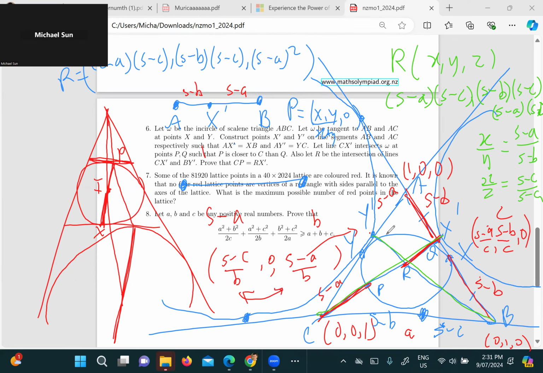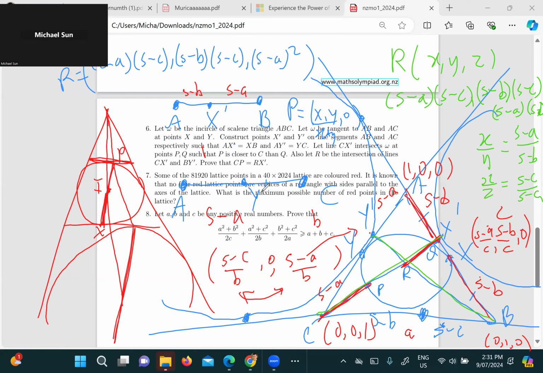So we have A and C, right? This is A and this is C, and then we have Y prime. Where does Y prime go? So is AY prime S minus A? Are we sure of that? Wait, isn't AY prime S minus C? Yeah, so that's what's wrong. So who said S minus A before?